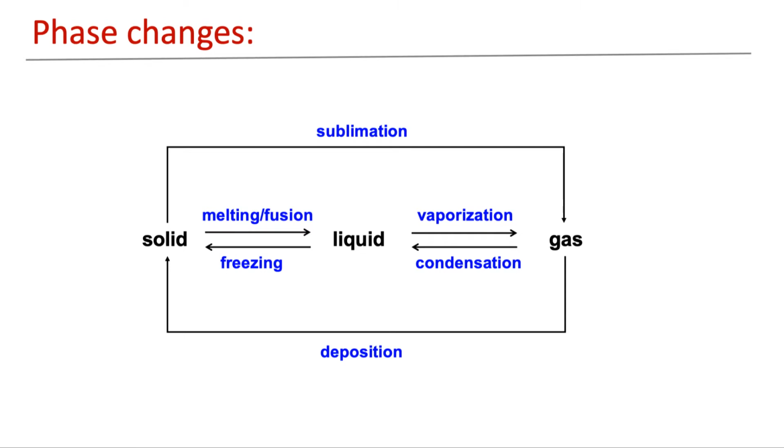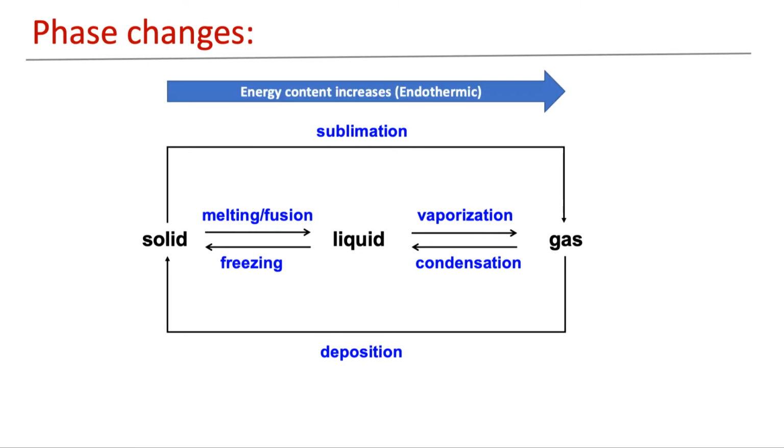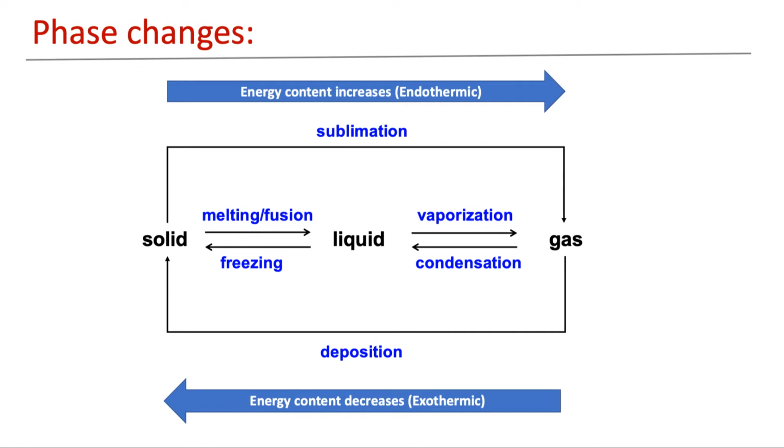As we move from solids towards the gases, the overall energy content of the substance increases as heat is being added to the system. Conversely, when we move from gases towards solids, the overall energy content of the substance decreases as we are taking away heat from the substance.